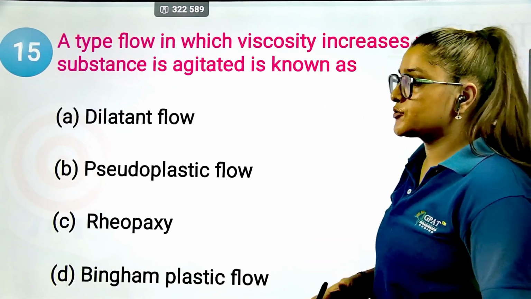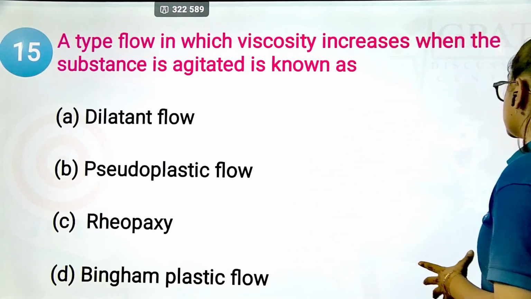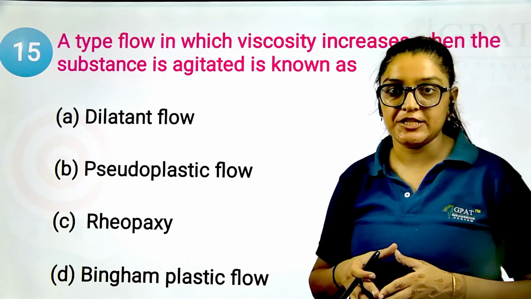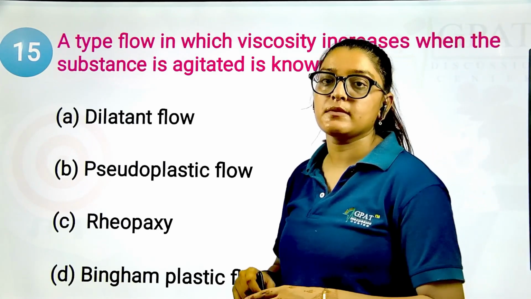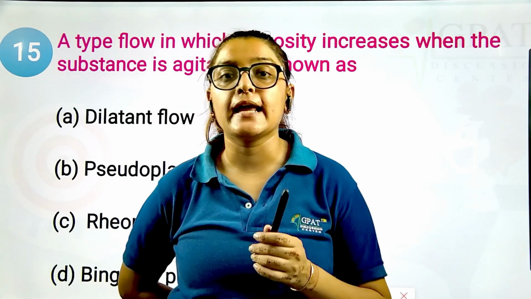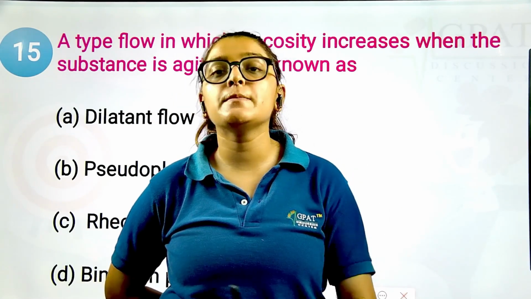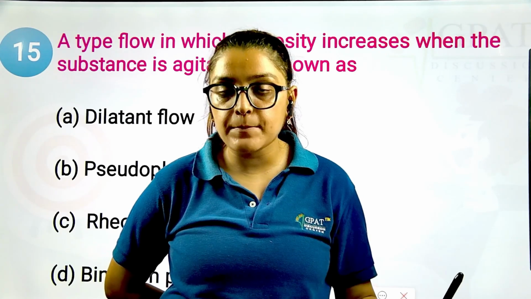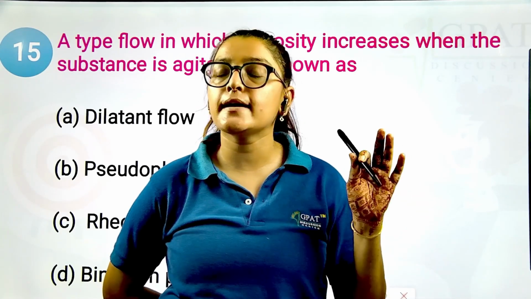Next question: a type of flow in which viscosity increases when the substance is agitated. In the non-Newtonian system, we have certain systems classified as time dependent and certain as time independent. For the time dependent system, there will be restorative motion. For example, thixotropy and rheopectic systems are time dependent.